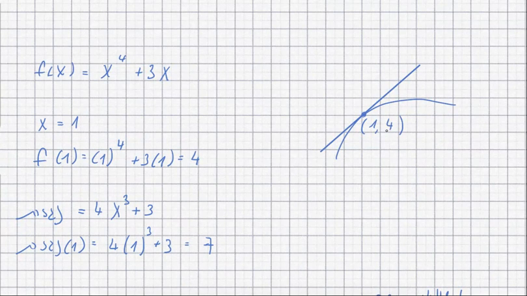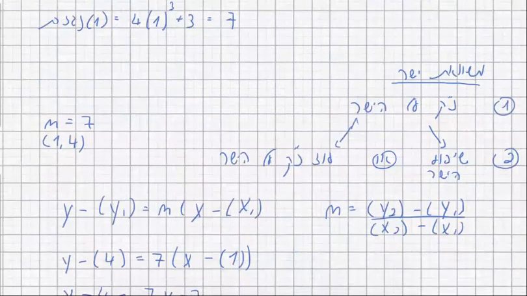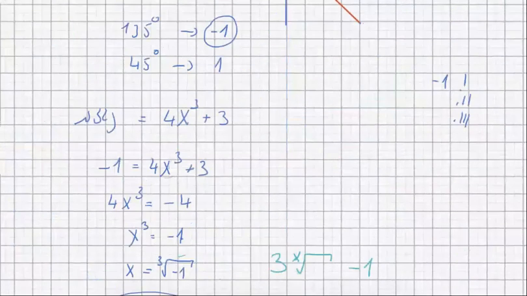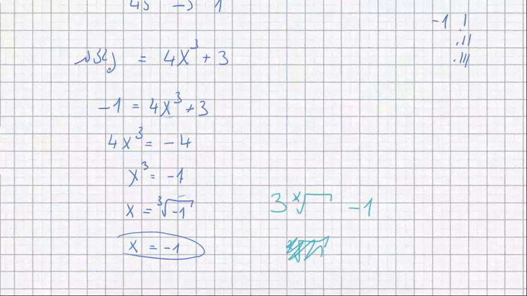If you want to find the y of a point, you always have to use the equation itself. But if you want to find the slope, you need to use the nigzeret, because here we know that the slope is -1.